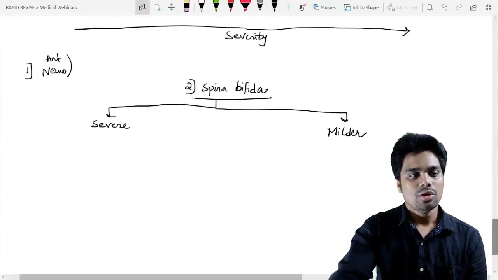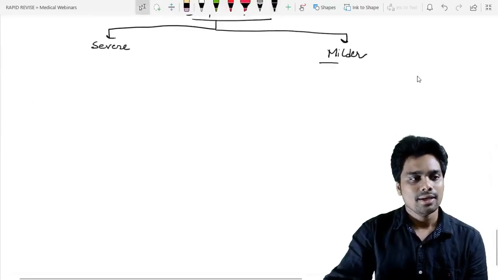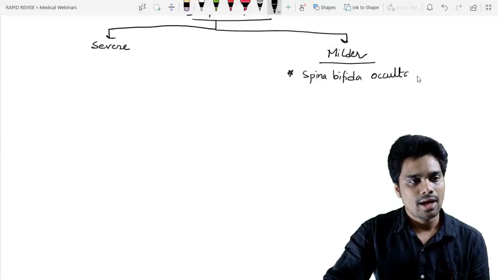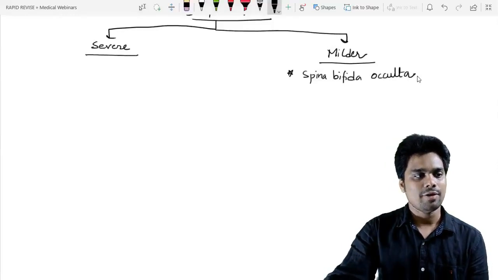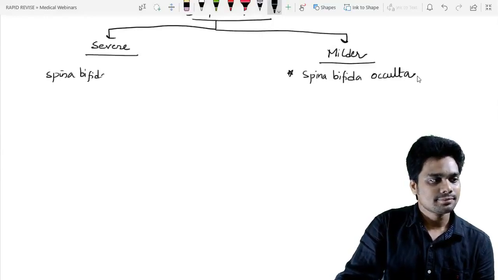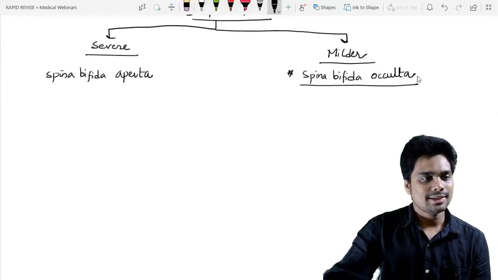So there are two forms when it comes to severity. One is very severe, the other is a milder form. The milder form is spina bifida occulta. The severe form is spina bifida aperta.